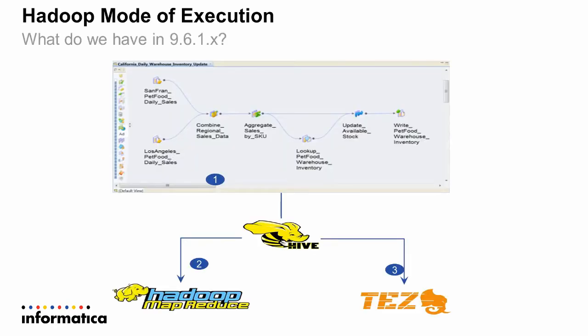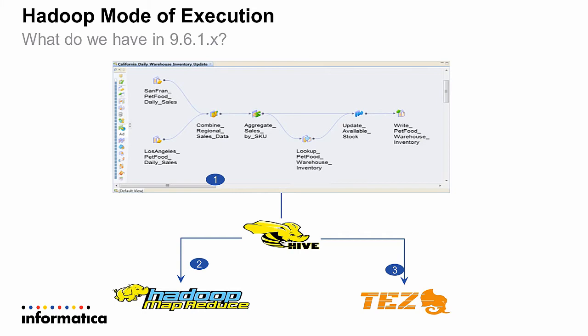So what I want to do is talk a little bit about history. This is a little important because it sets context for what we've done with version 10. So what did we do with version 9.6.1?